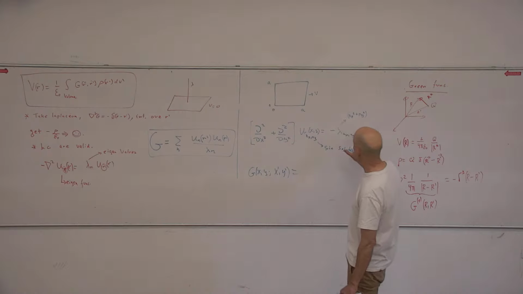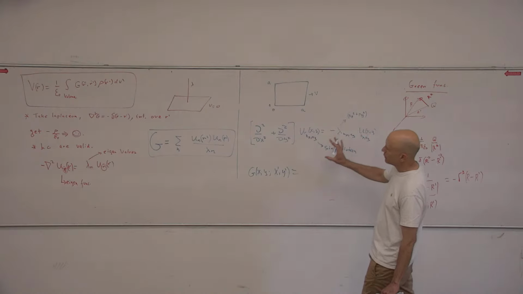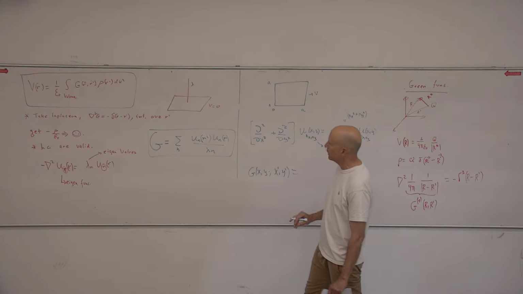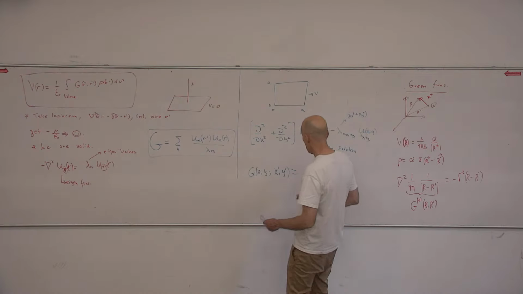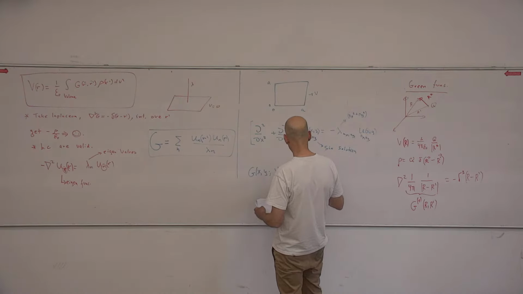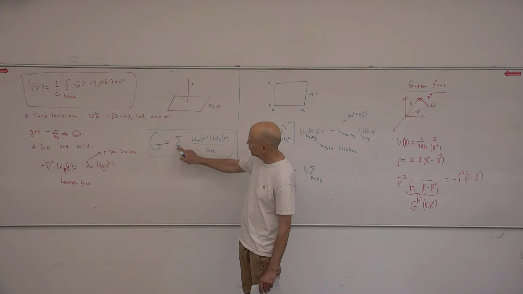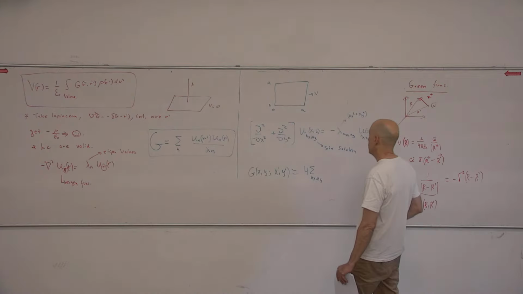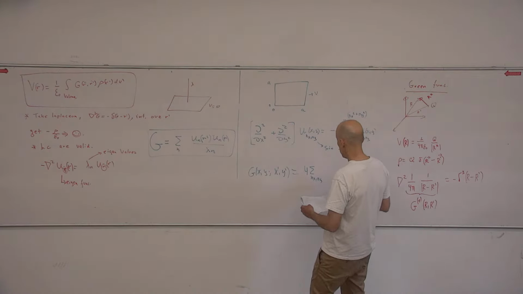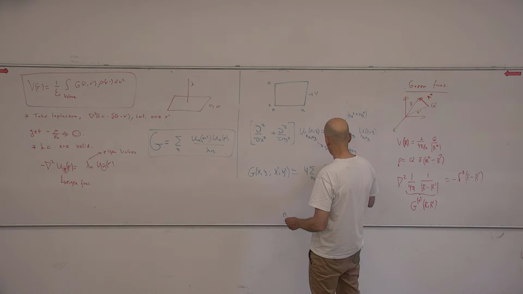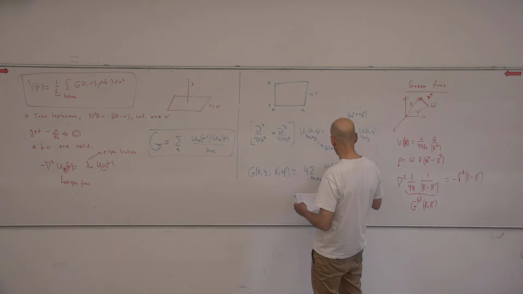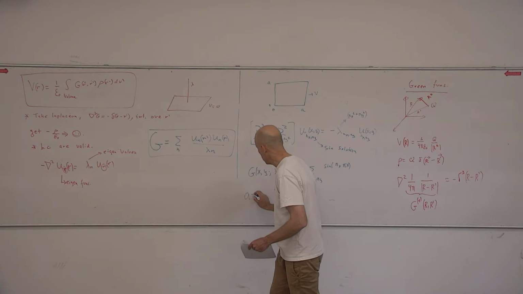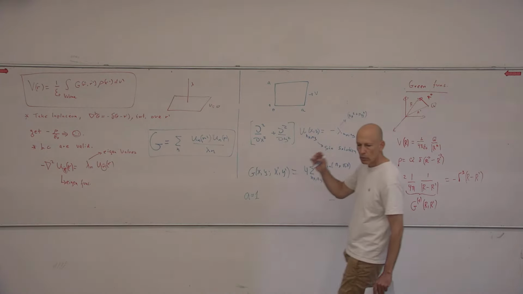Now I have the eigenvalues, these sine functions, and I can plug it in with the normalization. I get here 4 times the sum over nx and ny. This is the meaning of this sum. I told you this is a vector. And then I have here this lovely equation, which makes you hate physics. First of all, I'm going to take a equal 1, because I have too many parameters.